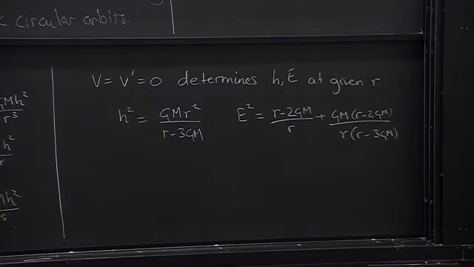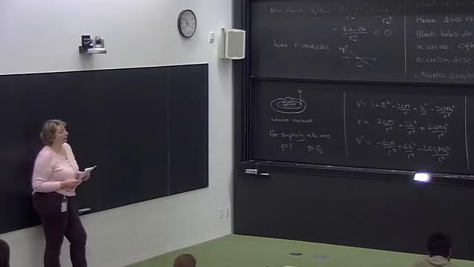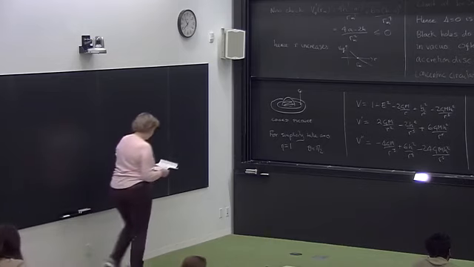So we're spotting 3GM there as being some sort of important surface from the perspective of geodesics. Depending on what you did, you'll know that there's an unstable circular null orbit around the Schwarzschild black hole at 3GM. But even though this is a massive particle, you're seeing some of these magic numbers coming up.